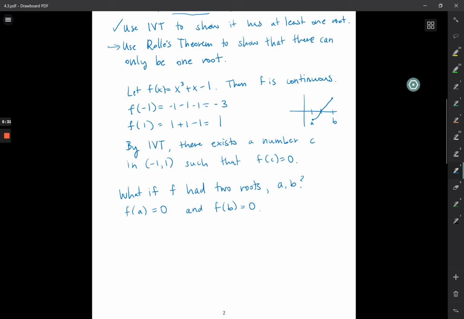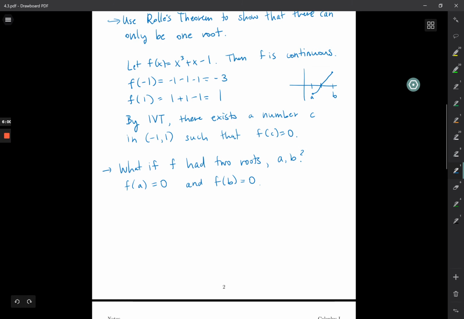So the idea is that we will just assume that this is the case and then follow the logic, apply Rolle's theorem, and then come to some contradiction or some statement that doesn't make any sense, and then we'll follow that back to just say that, well, that can't be the case, that f has two roots, because we got to a contradiction. Okay, so that's how we're going to approach this. So we assume this is the case.